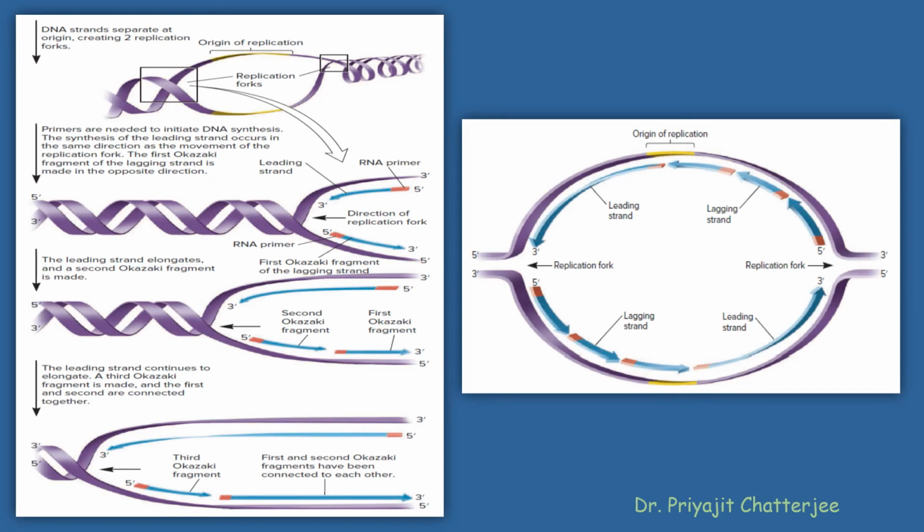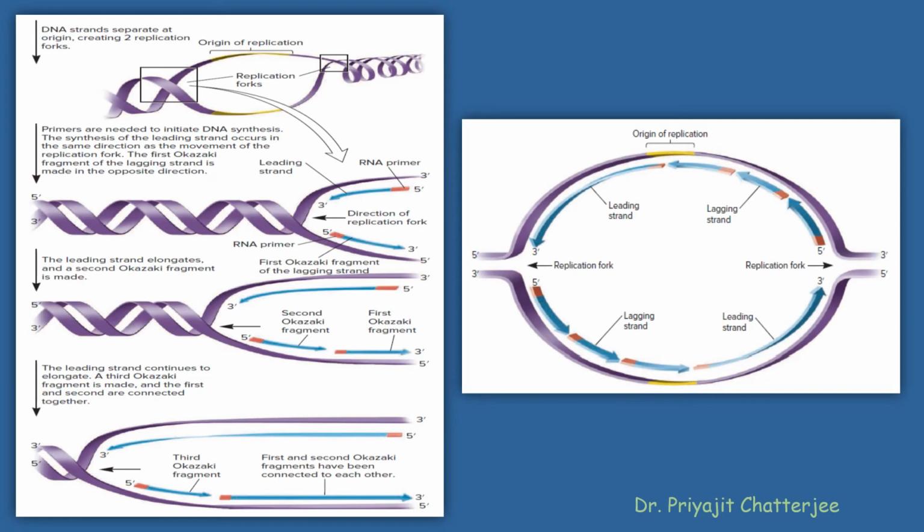By comparison, the synthesis of the bottom strand in this right side image is just opposite. To the left of the origin, this strand is made in Okazaki fragments. To the right of the origin, the synthesis is continuous.